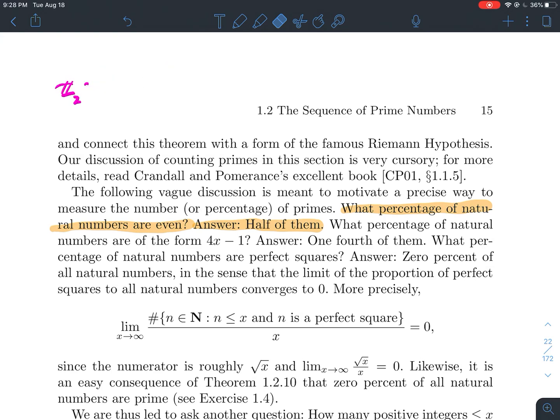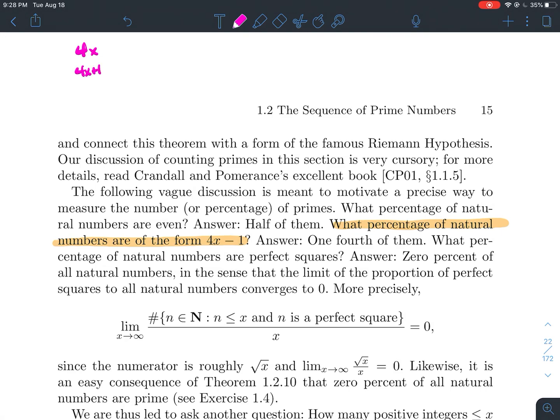Similarly, what percentage of natural numbers have the form 4x minus 1? I think I tried to say this in a previous video too. Well, I know all the natural numbers fit into one of these categories: 4x, 4x plus 1, 4x plus 2, or 4x plus 3, which remember, is the same as something like 4x minus 1, right?